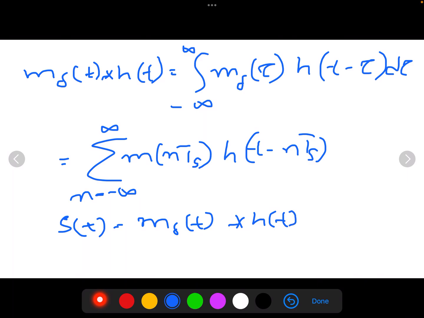Applying the Fourier transform, we can write S of f is equal to M delta of f into H of f.